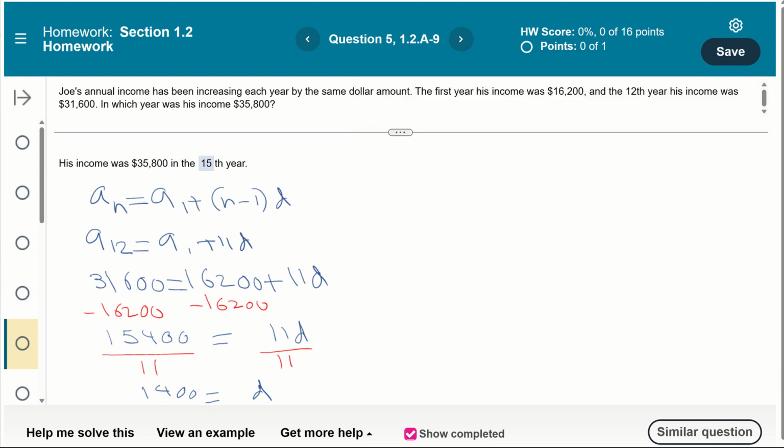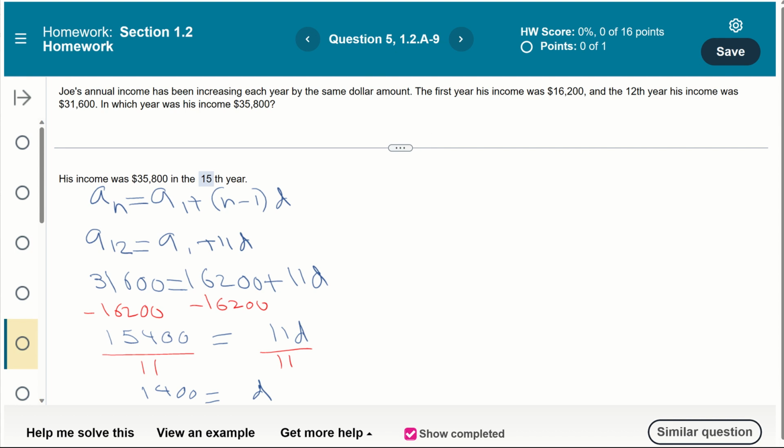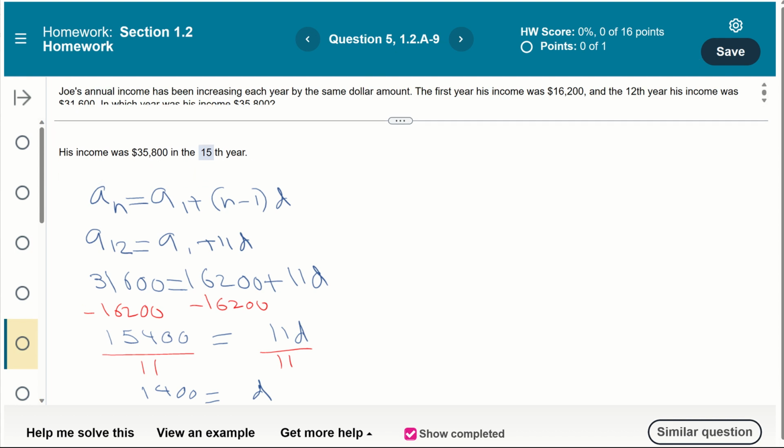Okay, so this is a problem where we're going to apply the same formula twice, because now that we know D, we can easily find out in which year the income was 35,800, because we're going to use the formula again. Now, we don't know n, but we do know what we want an to be. We want that future amount to be 35,800.